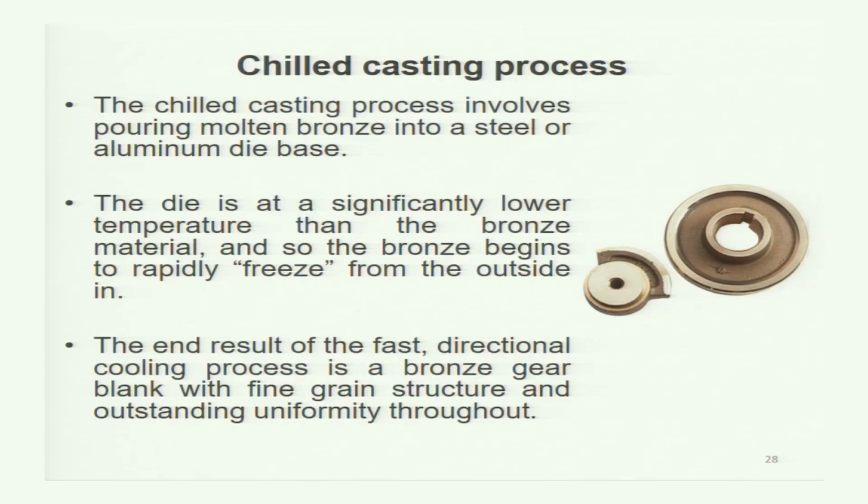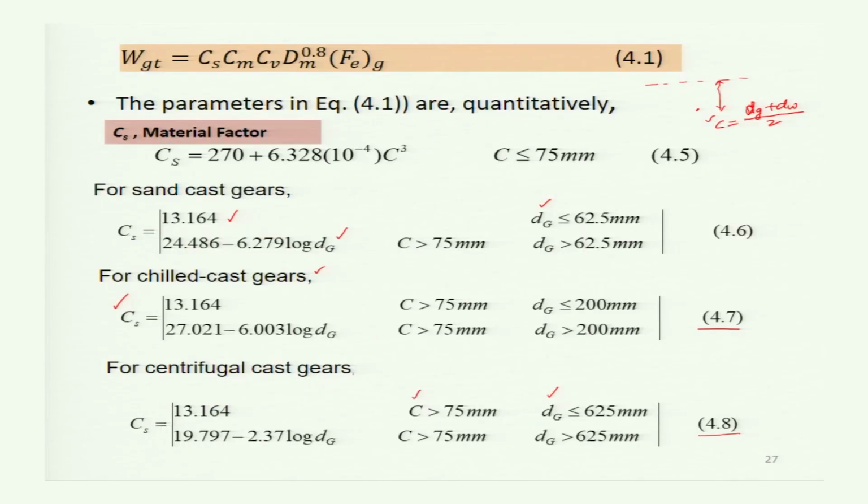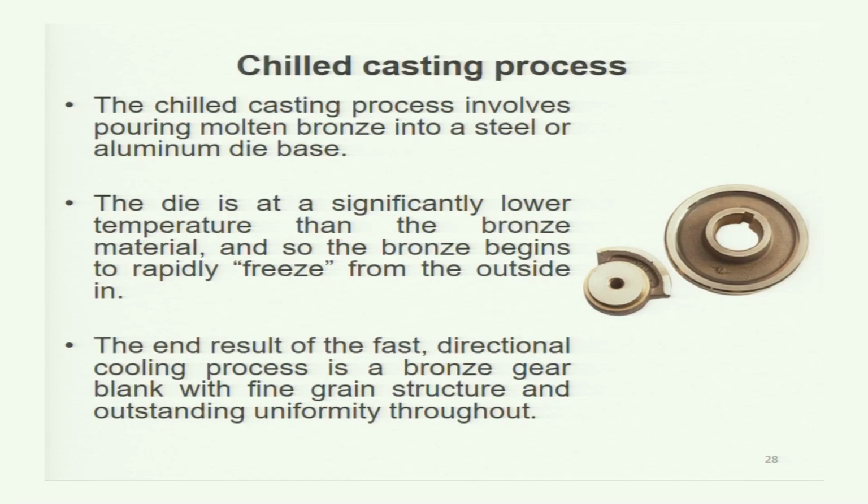Now, the material factor depends on how the gear is manufactured or made. So let us see the chilled casting process. The chilled casting process involves pouring molten bronze into a steel or aluminum die base. The die is at a significantly lower temperature than the bronze material, and so the bronze cools rapidly, or freezes, from the outside in.